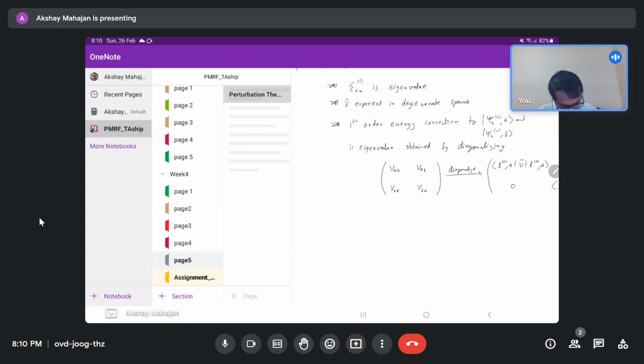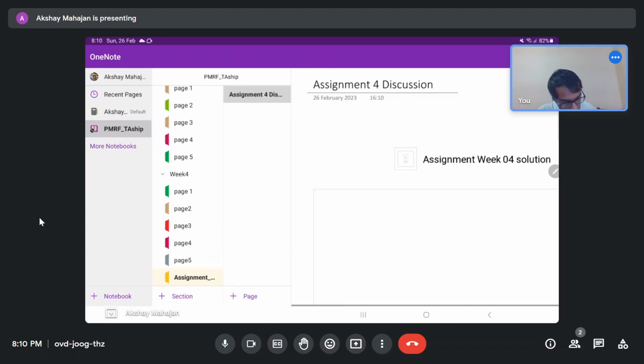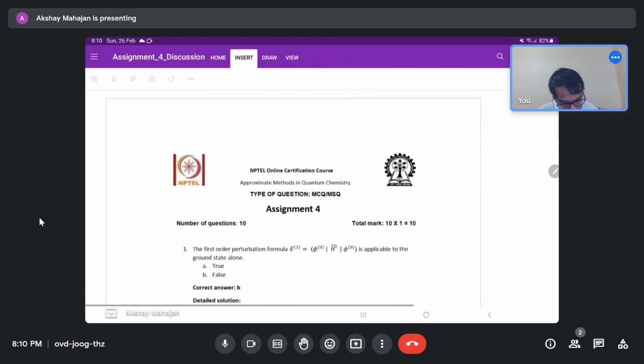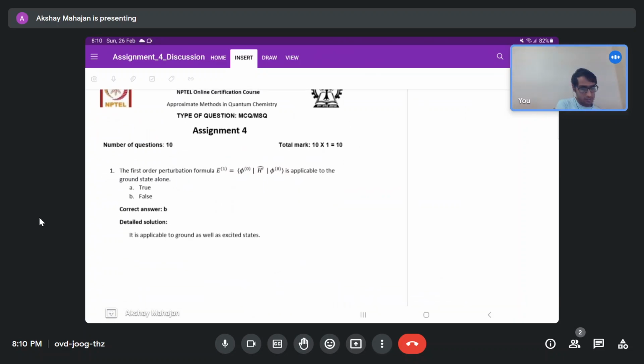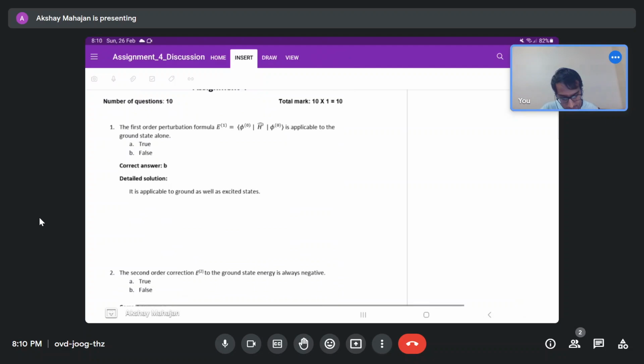We are already out of time, so in the end, let's quickly see the assignment number 4 problems as well, and then we end this session.